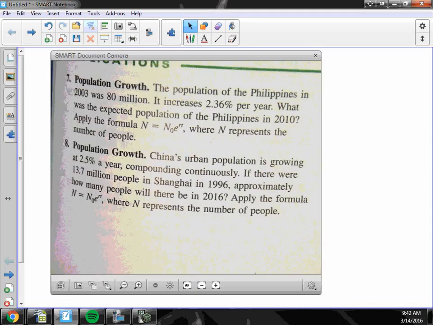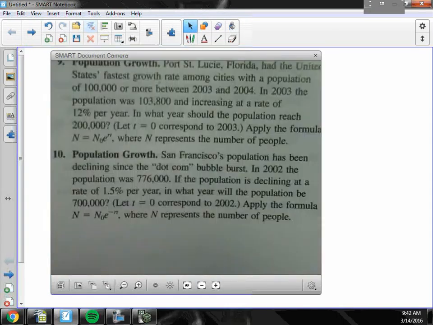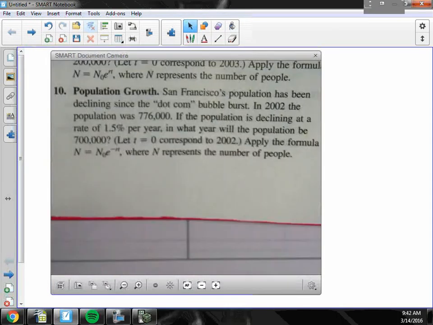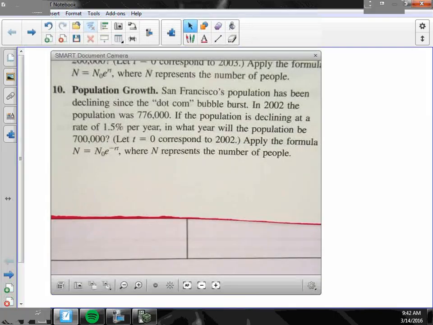Look at number 10. San Francisco's population has been declining since the dot-com bubble burst. In 2002, the population was 776,000. If the population is declining at 1.5% per year, in what year will the population be 700,000? What are we solving for in this case? We're going to look for t.